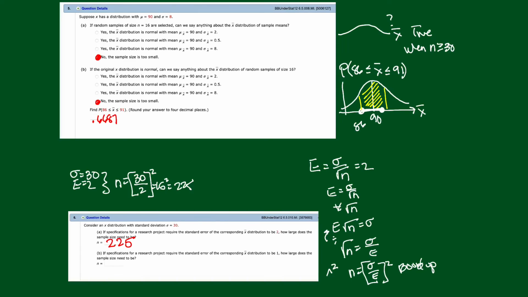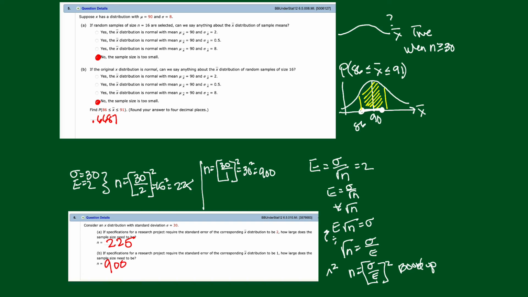And now for this last part, what do we have for the error? Just a 1. So n will equal 30 over 1, squared, which is 900. So now we're at 900.